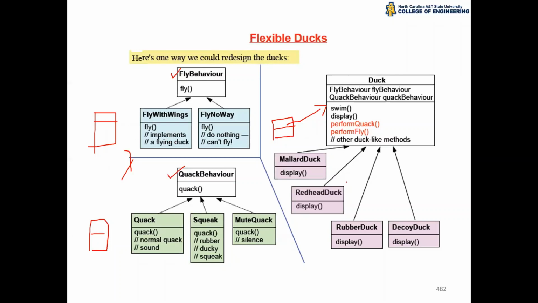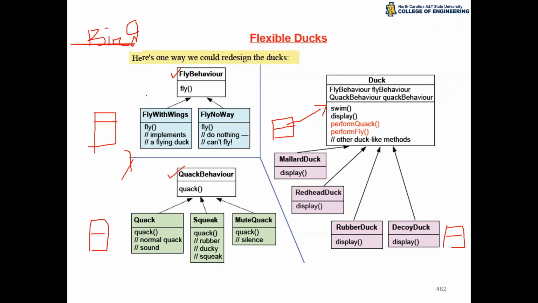It will not affect the main implementation. Here you can add another duck classes, duck subclasses. It will not affect this part. Now, for example, you need to use the fly behavior for a bird class. You can also use that one if you need it.